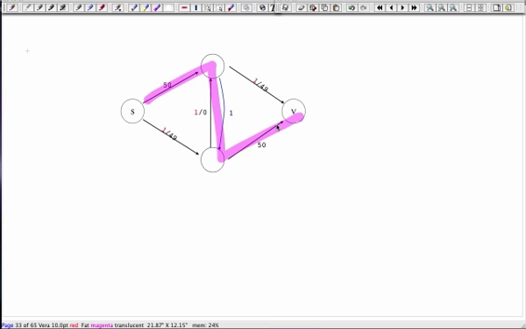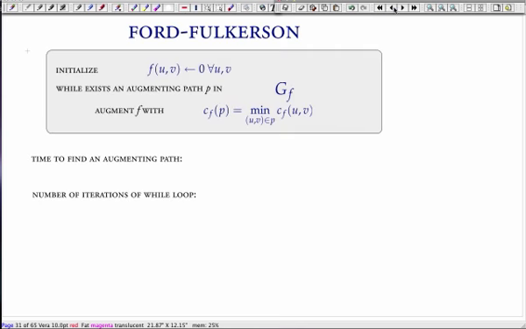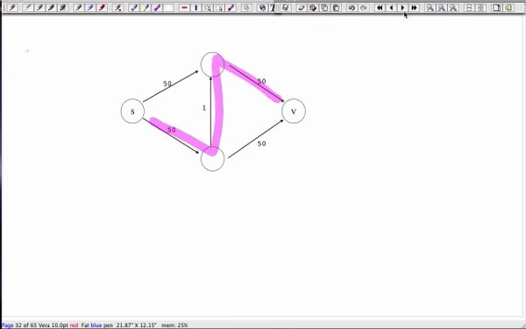Your flow is going to increase by at least 1, so that means the maximum number of loops that you're going to have to do is basically f star, where this is the max flow. So in this example, we know that Ford-Fulkerson is going to guarantee that there are at most 50 iterations of this. That's not a very compelling answer.